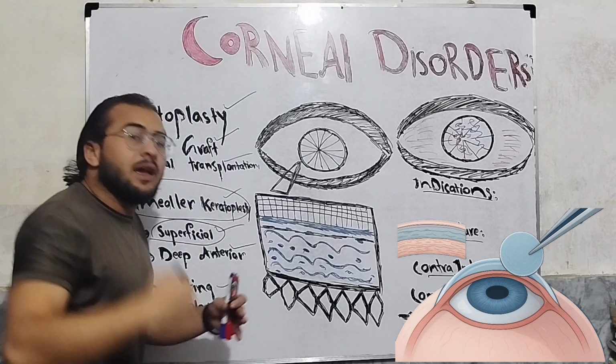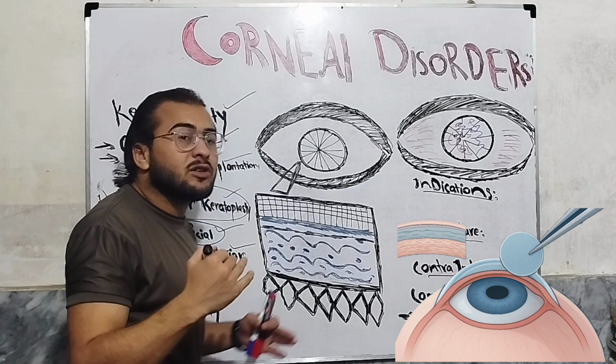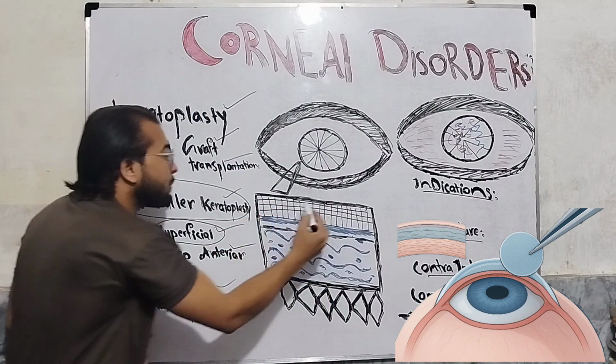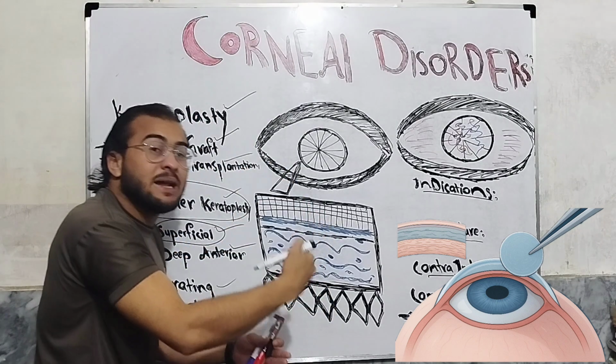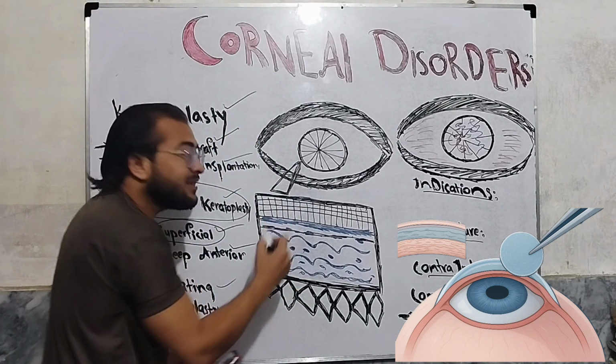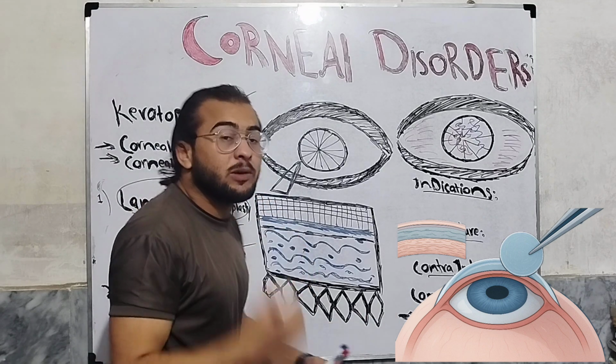So any pathology involving these layers that is not responding to any medication, we replace these superficial layers, the epithelium, the Bowman's layer and the superficial stroma. When we replace these layers, this is called superficial lamellar keratoplasty.